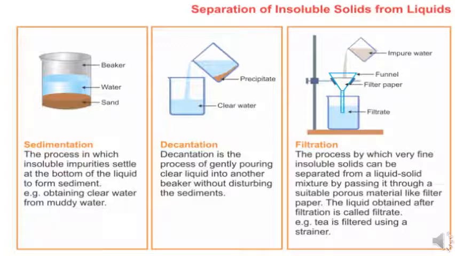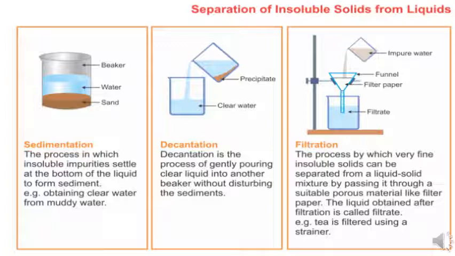In the sedimentation process, the sand or the solid particles settle down at the bottom of the beaker or the vessel, and then the water which remains in the upper portion of the beaker or the vessel can be removed.